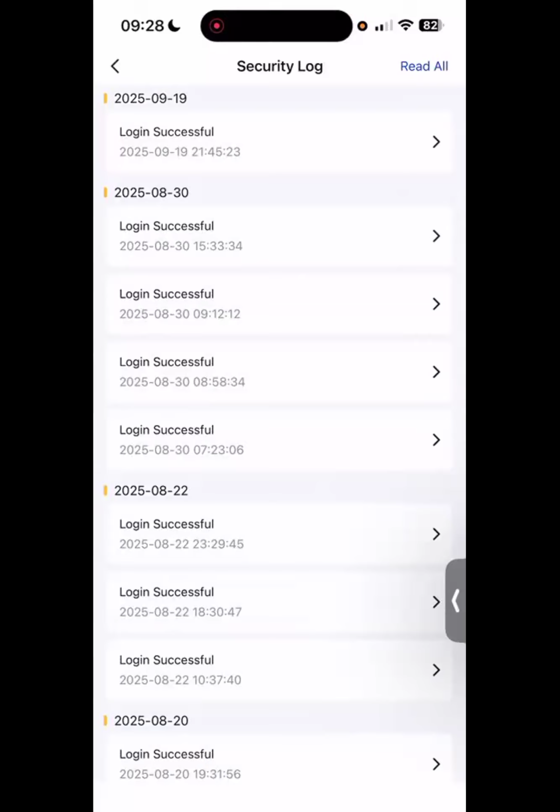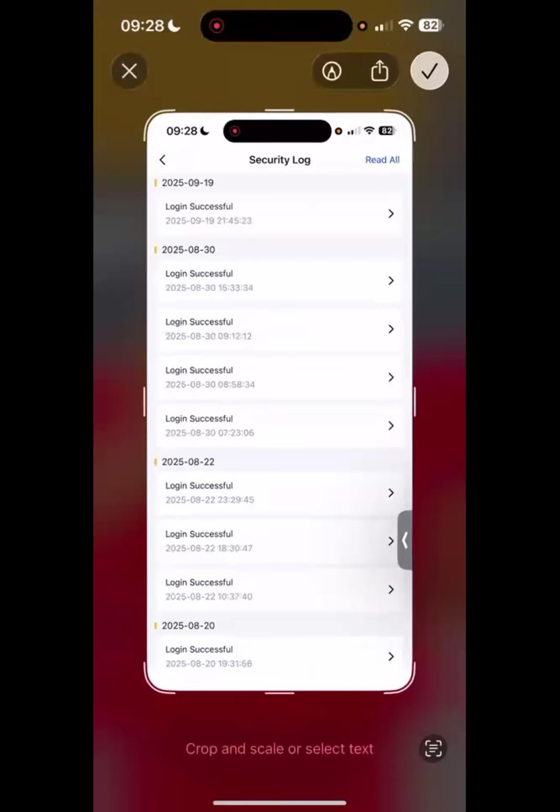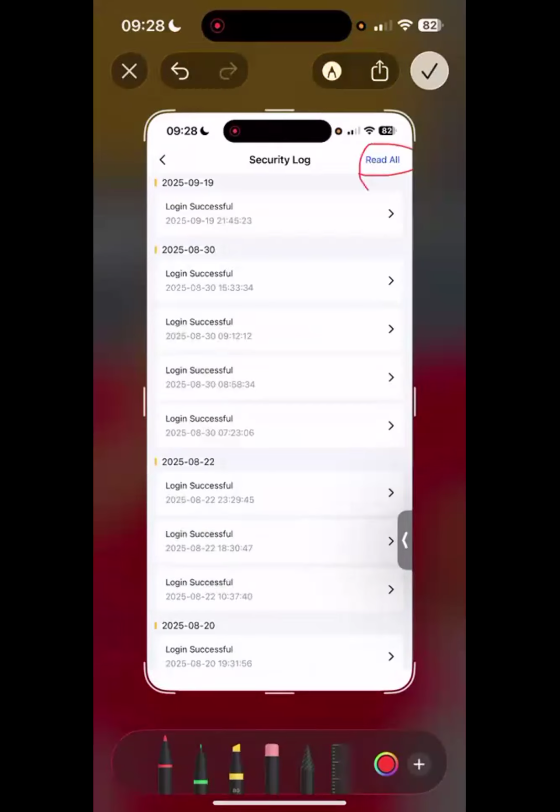I hope that is clear. All right. So anytime you see some red dots attached to it, it tells you you have not read it. Okay. But once you read them, it vanishes. Or you can simply tap on read all so that all the red dots will vanish.